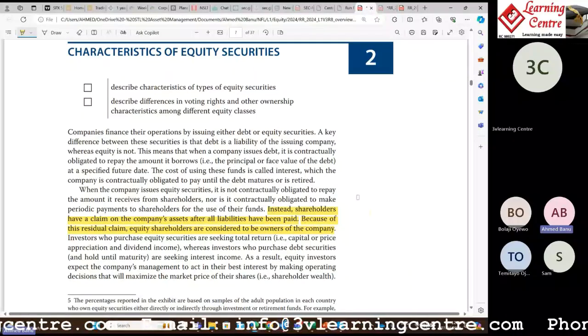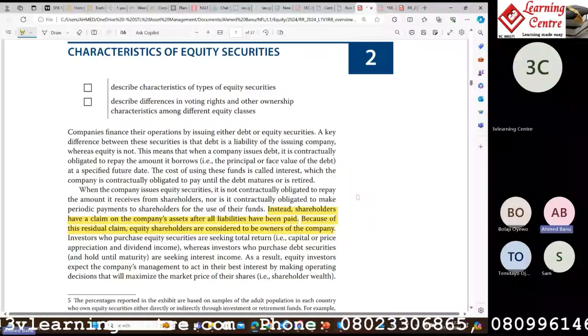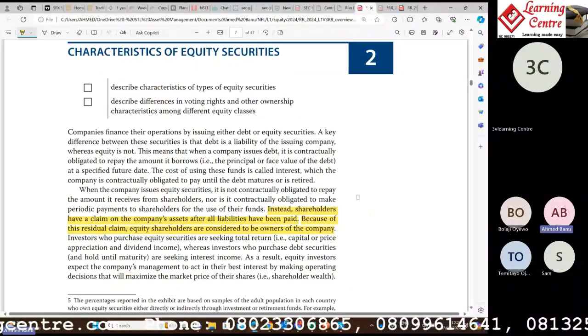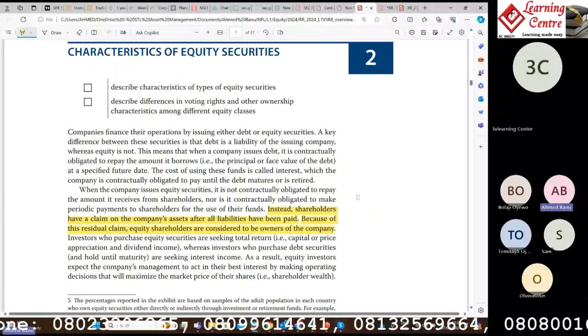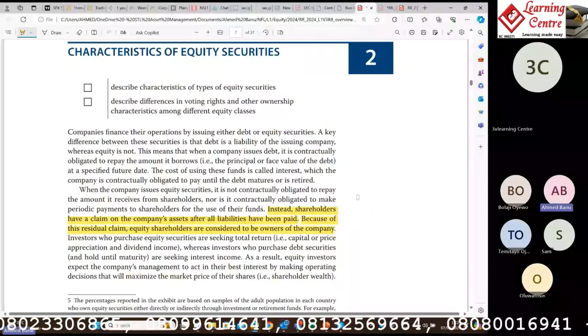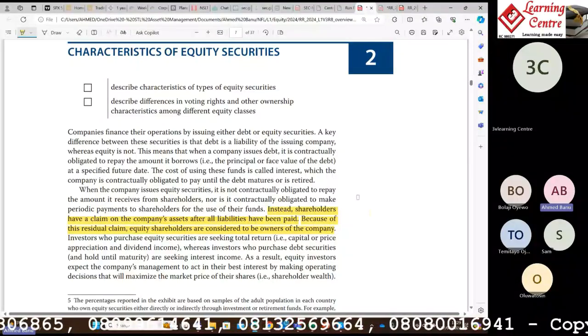Now, residual claim here means that in the case of a bankruptcy, the creditors of the company will be paid first. All liabilities, which is why we call it the asset after all liabilities, will be paid first before they pay shareholders.